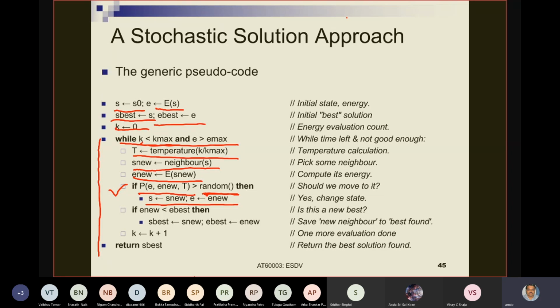But it is not that you only accept better solutions, you also initially at least accept worse solutions. Why? Because we saw that worse solutions have the probability of generating very good solutions later.